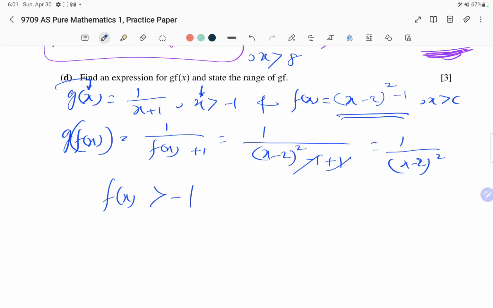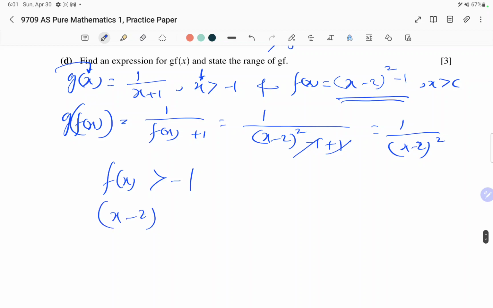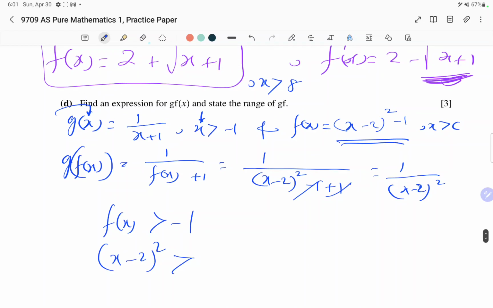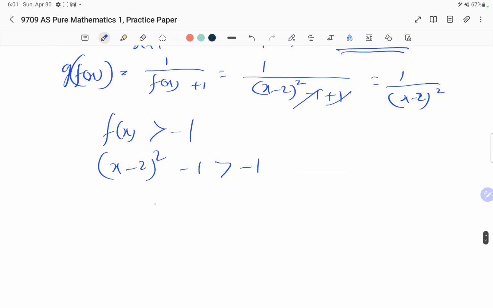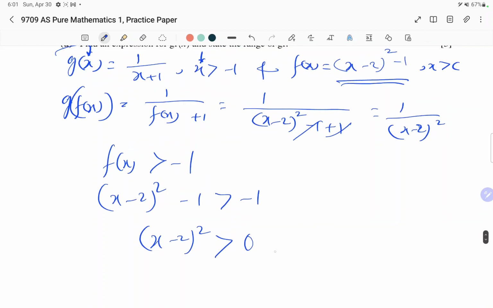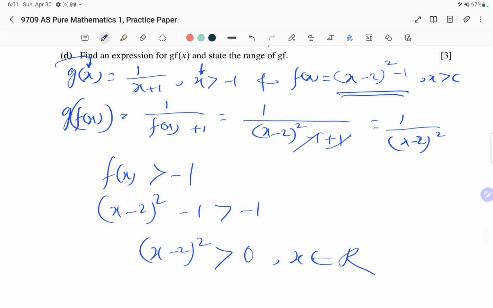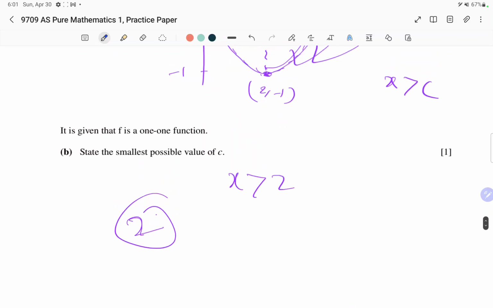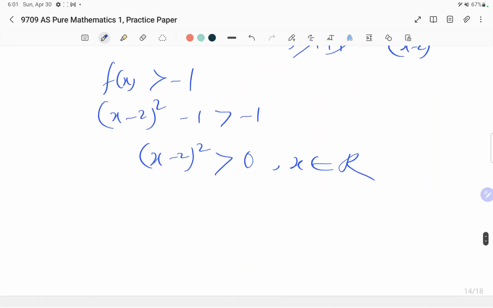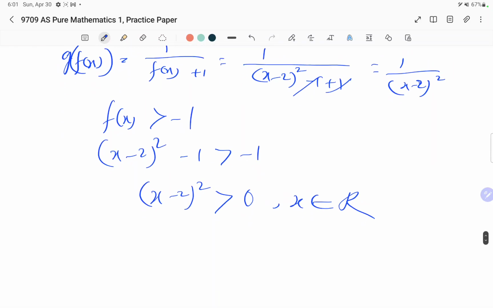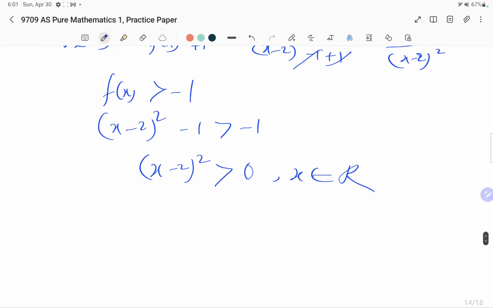So f x is greater than minus 1, so (x minus 2) whole square minus 1 is greater than minus 1. (x minus 2) whole square is greater than 0, so it's fine. It's always valid, x belongs to any real number. But the g x domain is greater than minus 1, so the g x domain is x greater than minus 1.